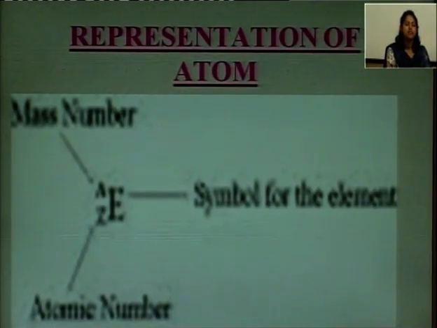I have already explained that atomic number is the number of protons, which is equal to the number of electrons. Mass number is equal to the number of protons plus the number of neutrons. So, if we know the atomic number and the mass number, we can easily calculate the number of neutrons by subtracting the atomic number from the mass number. So, this is the representation of an atom.